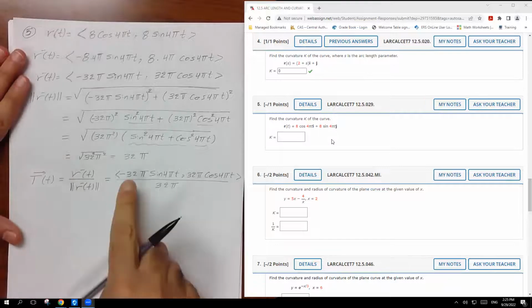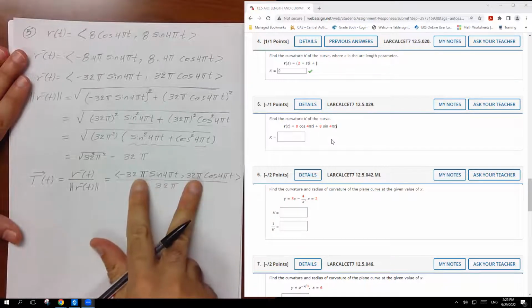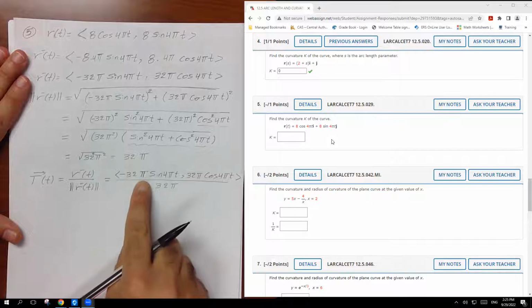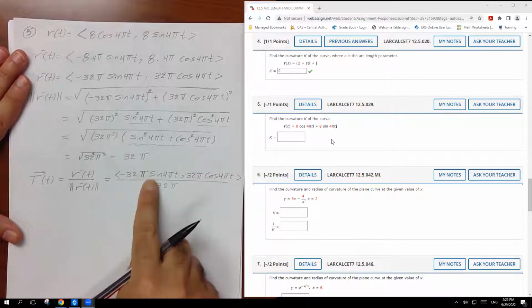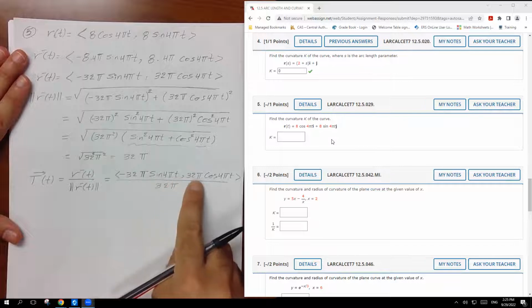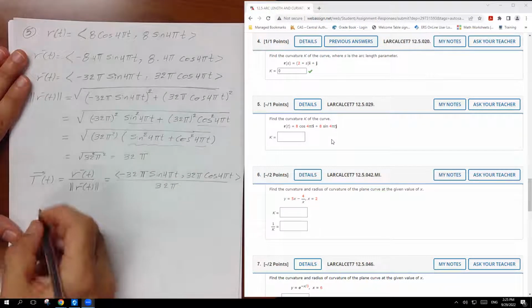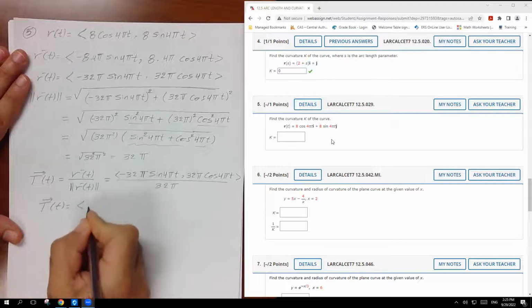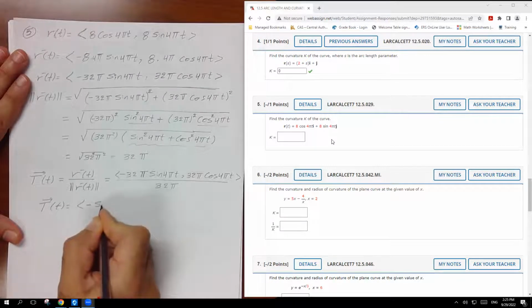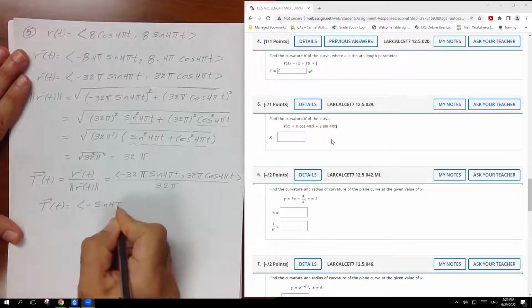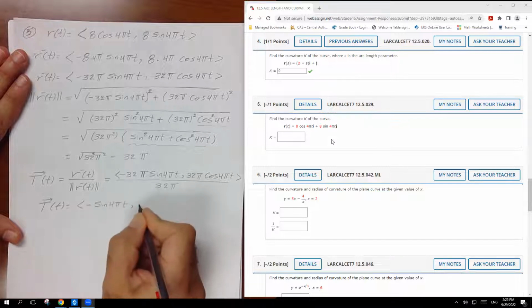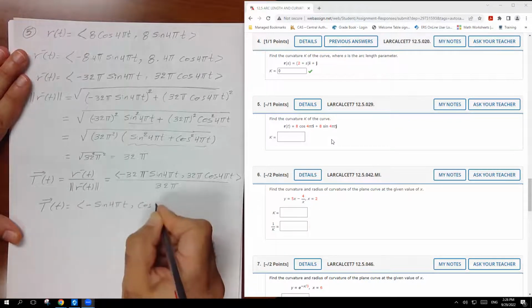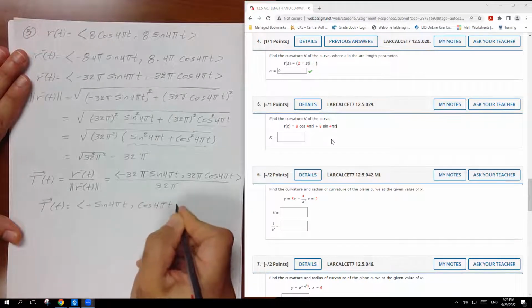The 32 pi is going to cancel, so it's just negative sine 4 pi t and cosine 4 pi t. That means the tangent with respect to t is going to be only negative sine 4 pi t and cosine 4 pi t.